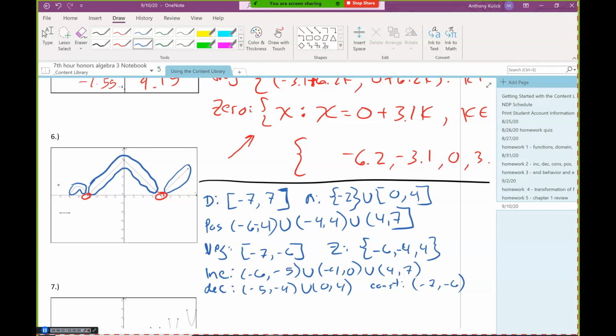And again, that's tricky, right? Sometimes it's all in one, sometimes you're breaking it up, and you've got to keep reminding yourself about those definitions, about what it really means to be positive. Amy, the constant is this piece right here, the flat part.